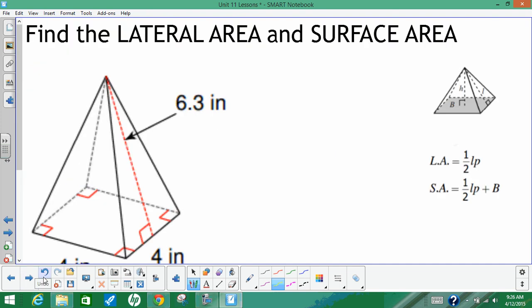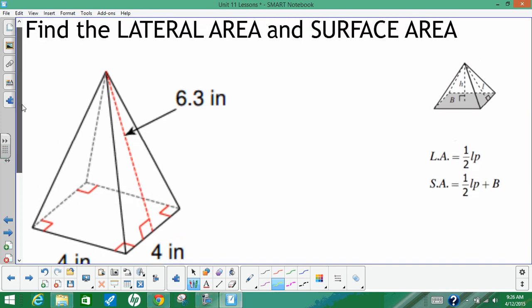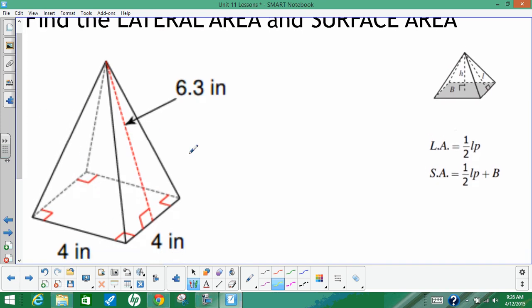So let's try one of these. We'll find first the lateral area, then we can find the surface area. So first of all, this is a square pyramid, and I copied and pasted over here the formulas so that we can work with them. In order to get the lateral area, we need the height or the length from the top of the pyramid to the bottom, and we need the perimeter of the base. This dimension L is given to us.